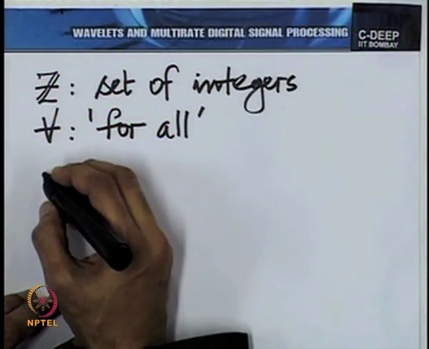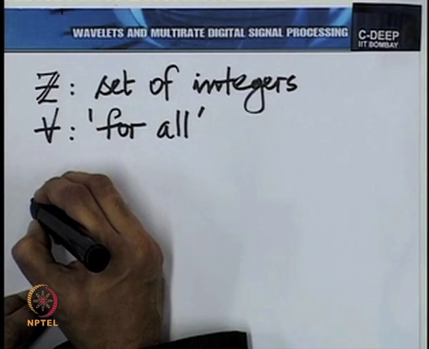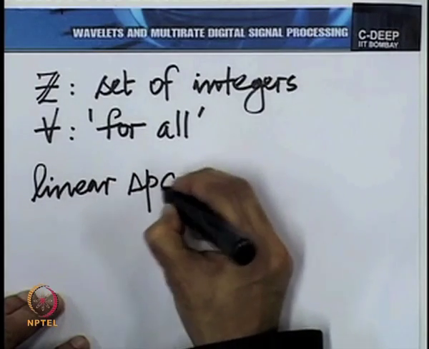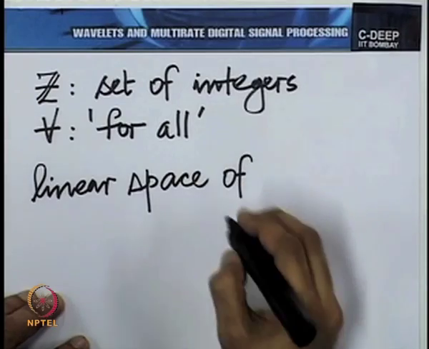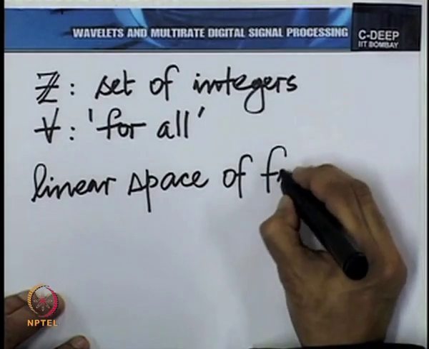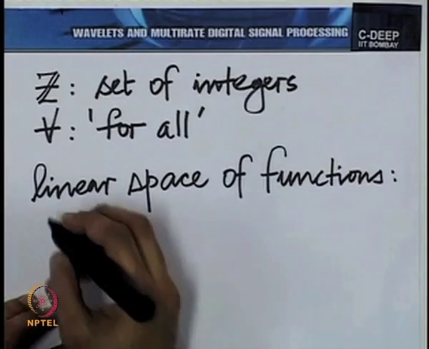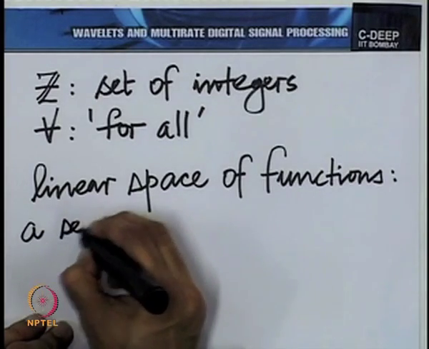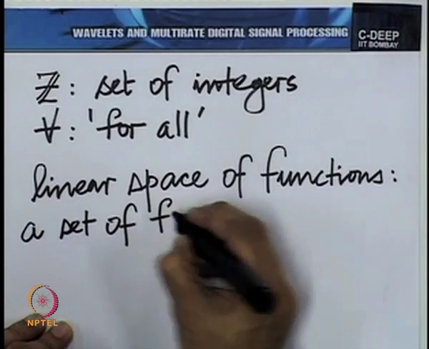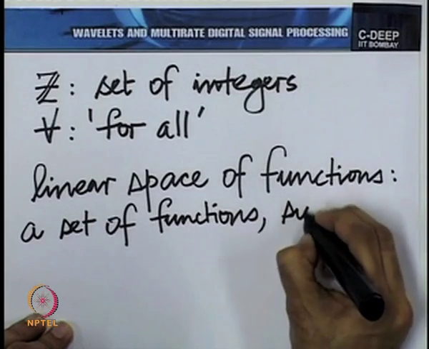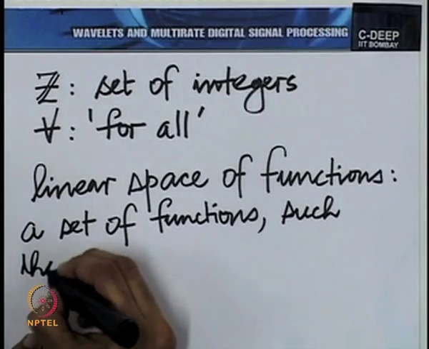In general, we would say any linear combination. So, we say a set of functions forms a linear space if it is closed under linear combinations. So, we say a linear space of functions is a set of functions such that linear combinations fall in the same set.